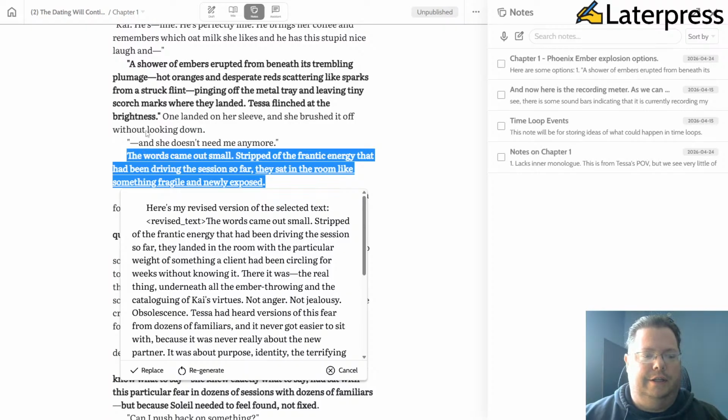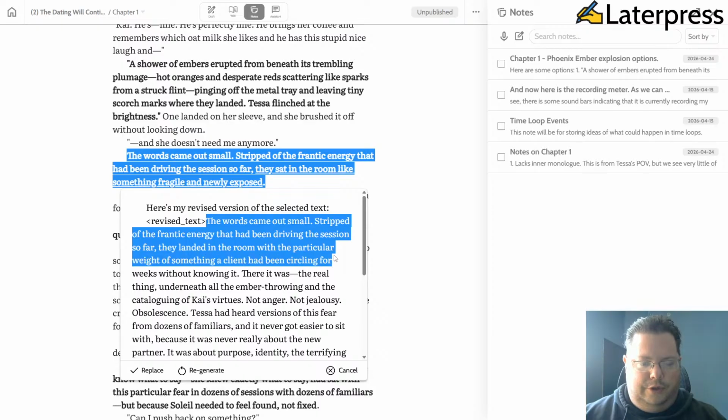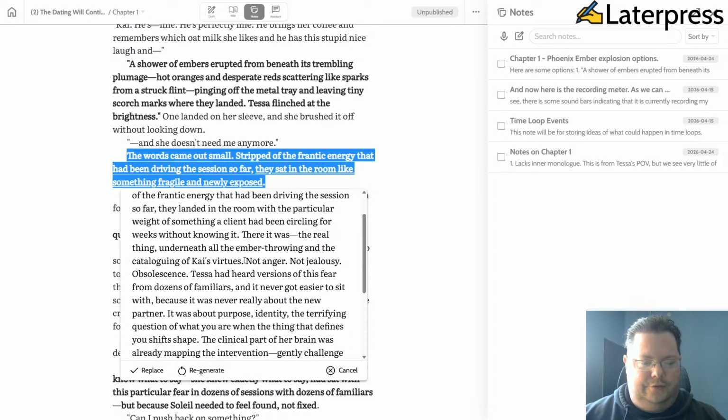So, okay. "He's got a stupid nice laugh and she doesn't need me anymore. The words came out small, stripped of the frantic energy that had been driving the session so far, and they landed in the room with the particular weight of something a client had been circling for weeks without knowing it. There it was, the real thing underneath all the ember throwing and the cataloging of Kai's virtue.